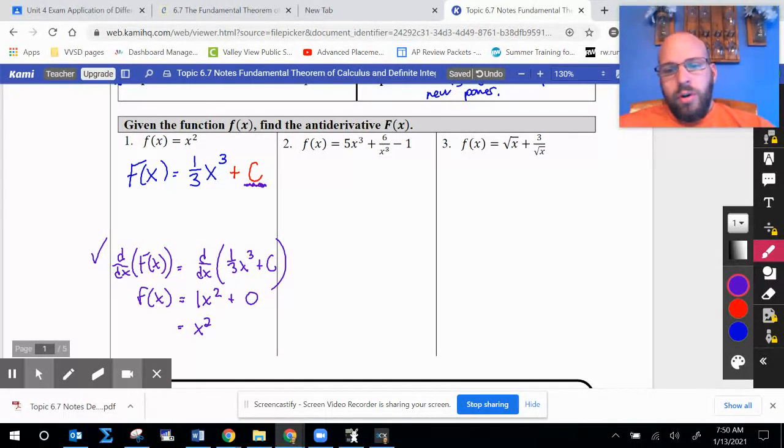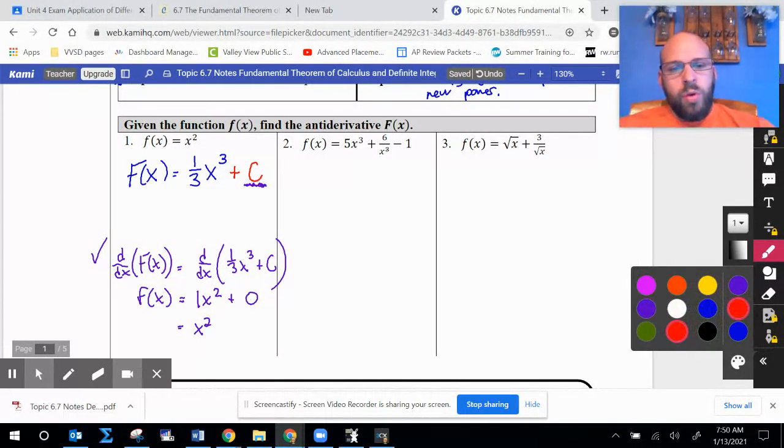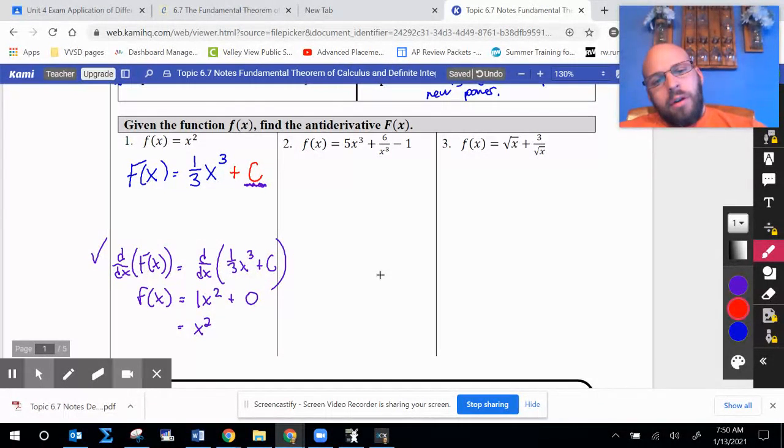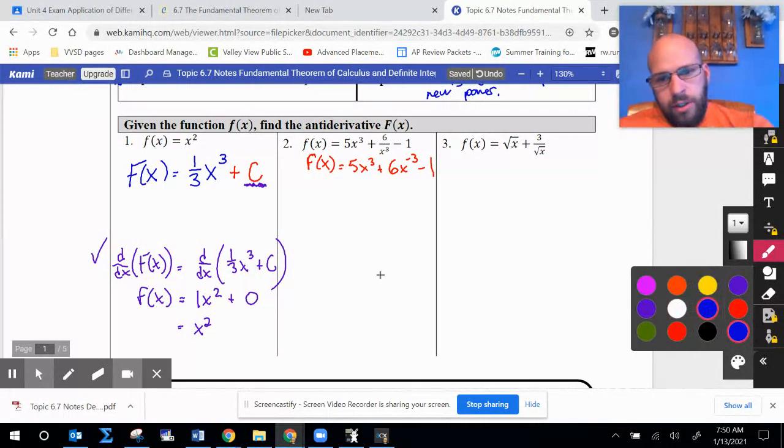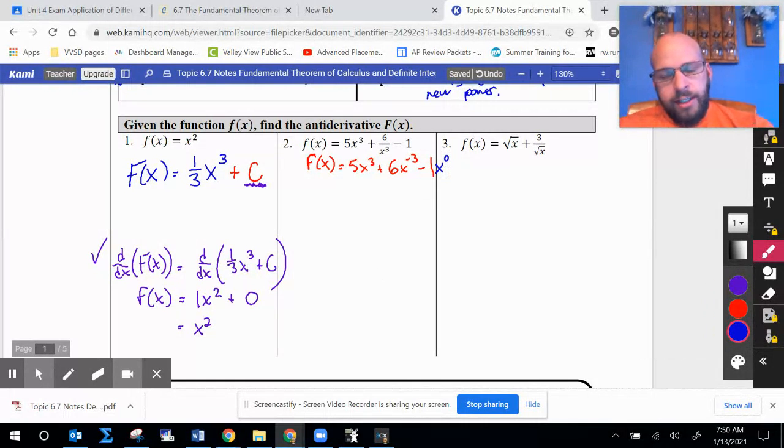All right, so I'm going to switch colors here. I'm going to use red. Before I go into any antiderivatives, let's write these all as powers. I'm going to call this 6x to the negative 3 minus 1. Now, the other thing I might do here is this 1 is like x to the 0, right?